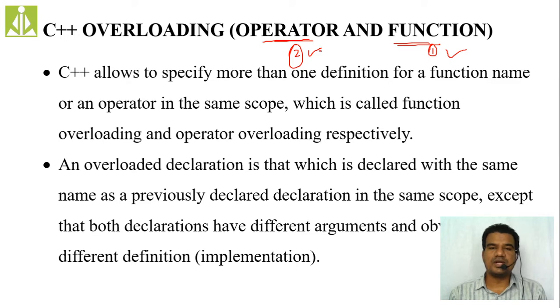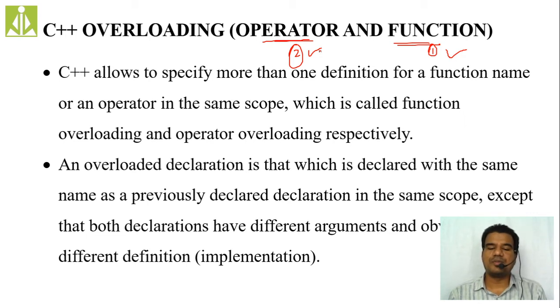So, reading this first point, C++ allows us to specify more than one definition for a single function name, or an operator also. An operator will be declared as a function and taken with different parameters, and then operator overloading occurs. If you take the same function name with different parameters, we call it function overloading.